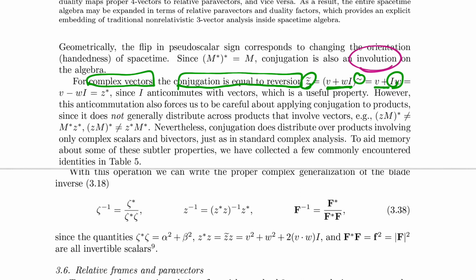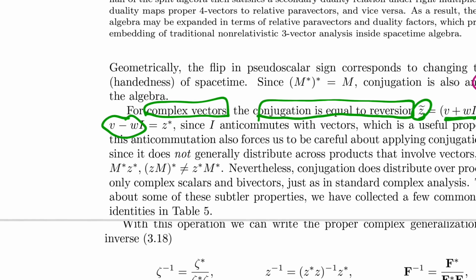That's what reversion is. But that equals v minus wi. So the reversion is literally just switching w and i, and that equals v minus iw because the pseudoscalar anti-commutes with all vectors, right?